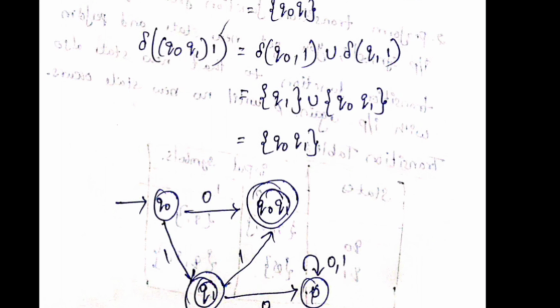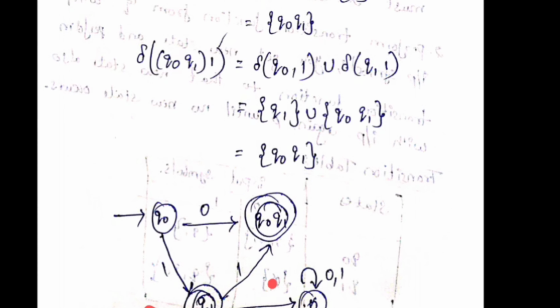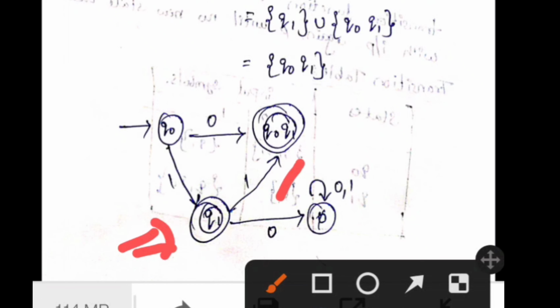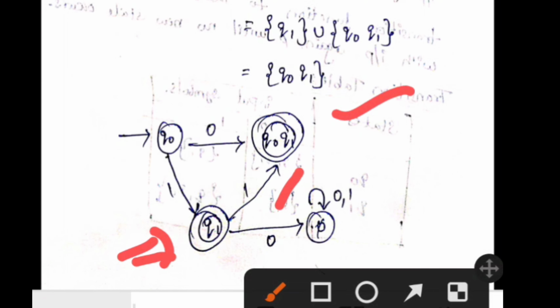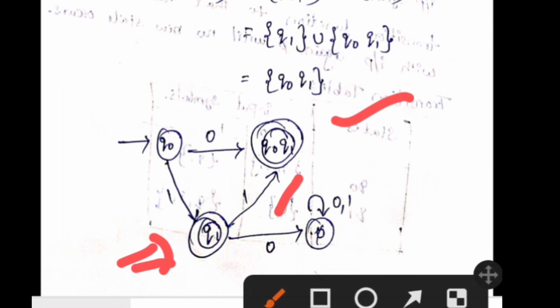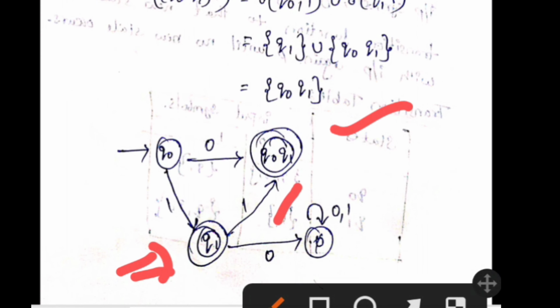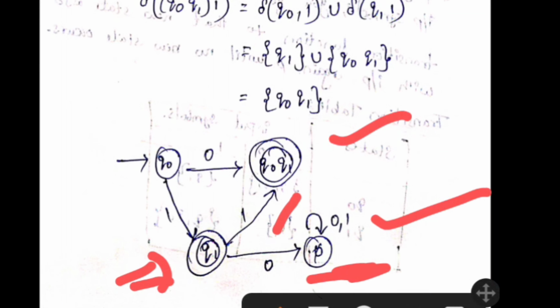Next, Q1 with the input symbol 1 moves towards Q0 Q1. Next, delta of phi comma 0 moves towards a self loop, so 0.